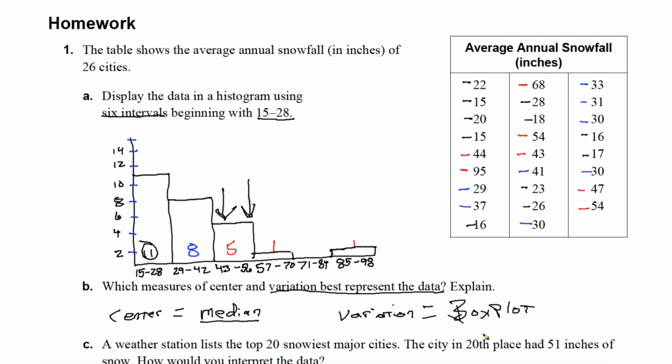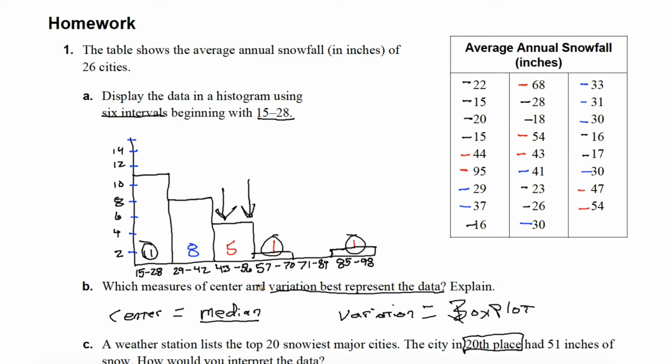If this is the 20th place, then that means most of the cities on this list aren't going to be on that 20th place, or on that list, because that's right up here, and there's only a couple cities higher than that.